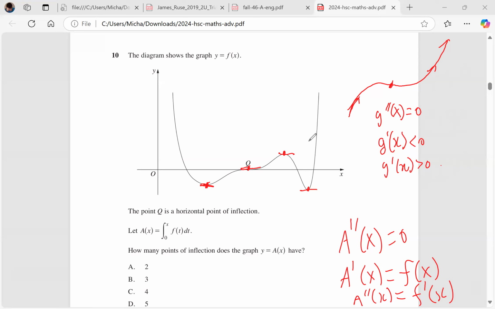So when you have the derivative, in this case this is just f is negative.